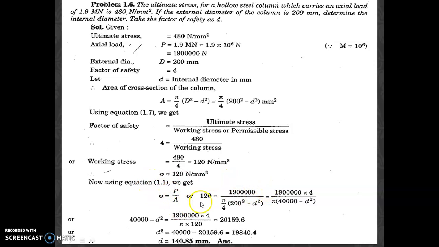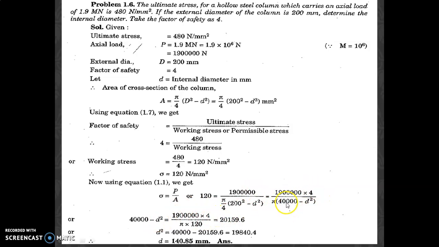So stress is equal to force upon area. The value of stress 120 is equal to the value of the force that is substituted here. This calculation is very important, and I suggest you go step by step, because here cross multiplication will be required, 120 into this particular part, and the numerator part we will have to keep here.